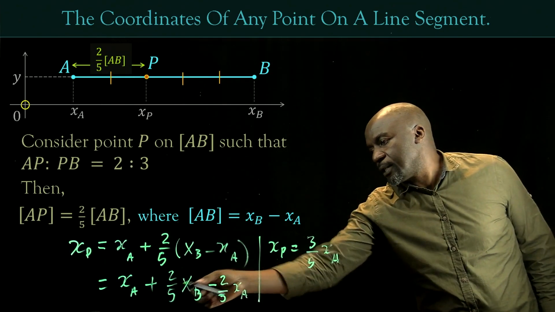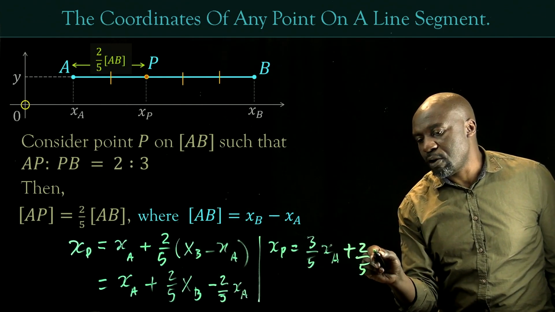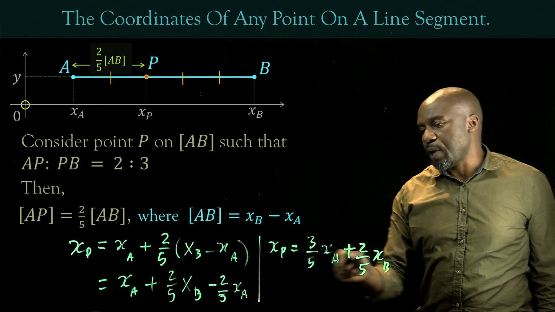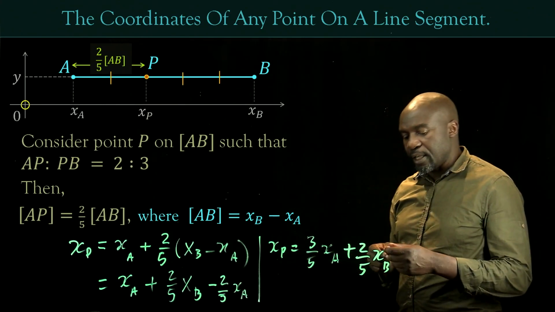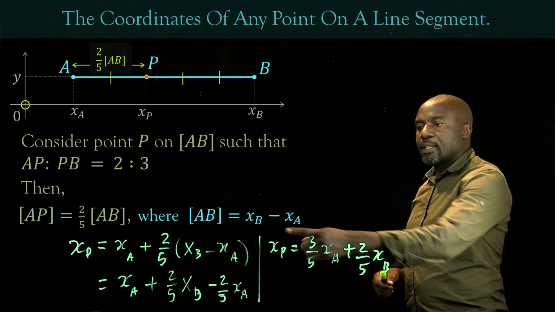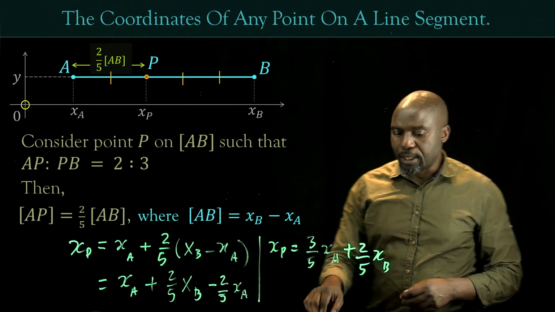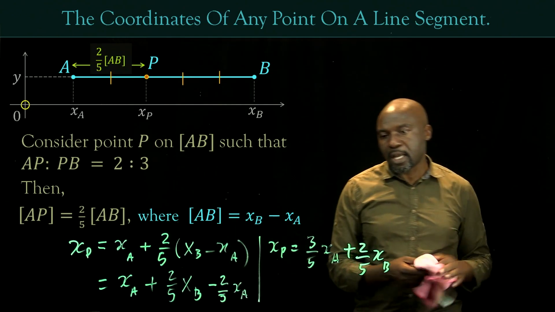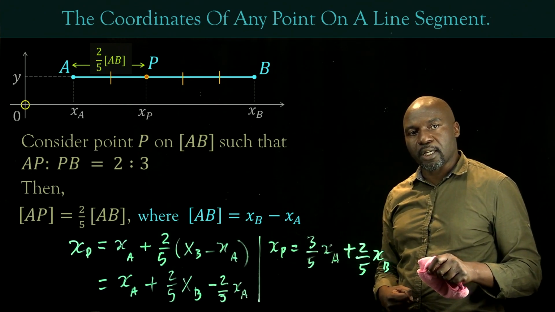And this is going to be plus this one here, plus 2 over 5 of XB. So we end up with this, which I can rewrite. So this is the process that we use to determine this value. Let's see this in a neater form. I'm going to erase this so that we look at it better.